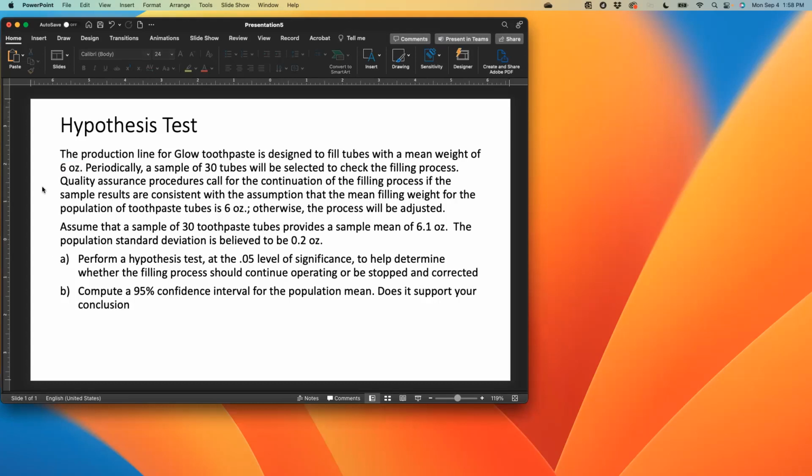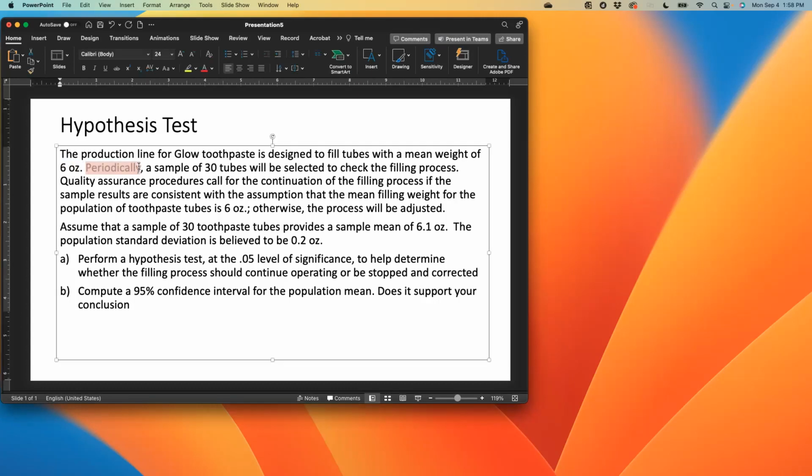And then as part of their quality assurance procedure, every time, which we can understand by the word periodically, the company takes a sample of 30 tubes to check if it is meeting that mean weight requirement of 6 ounces, right?